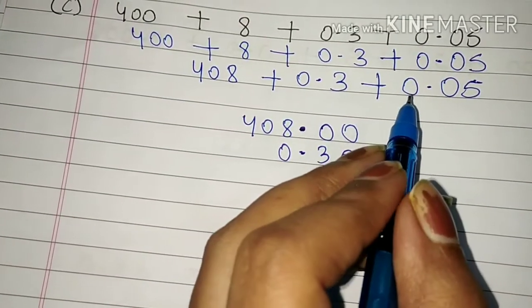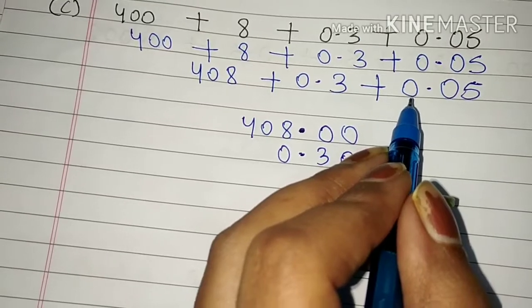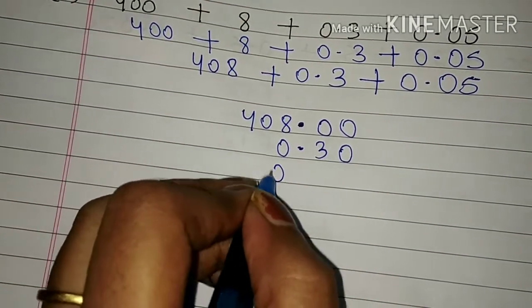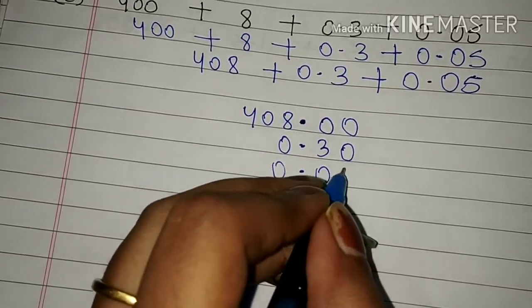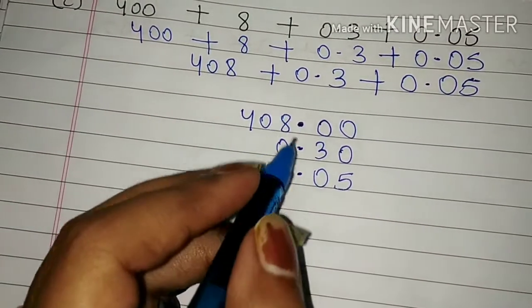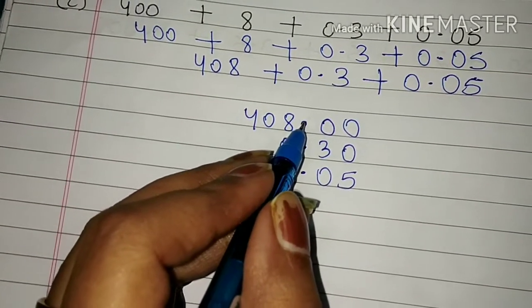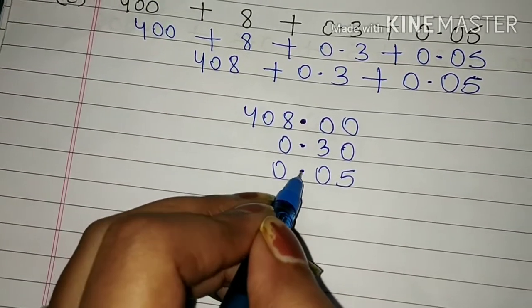Now students, we will copy down 0.05 here. 0.05. Students, always remember that we will put a decimal point one below the other.